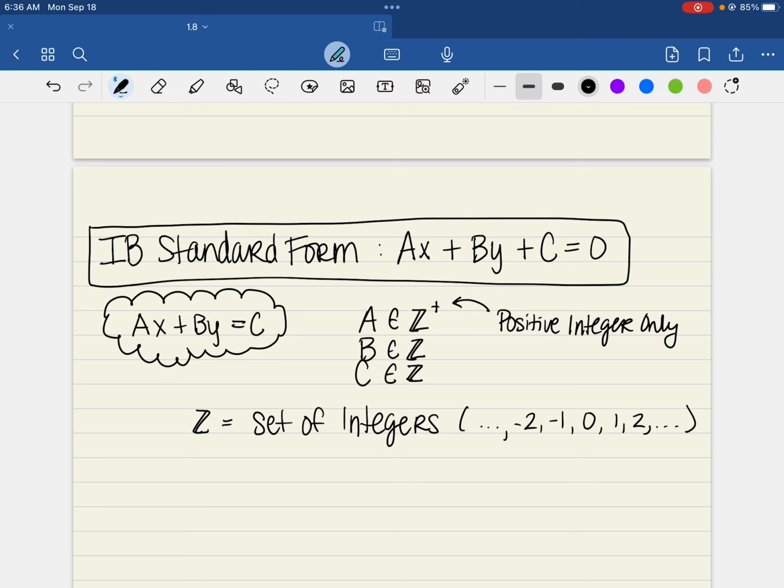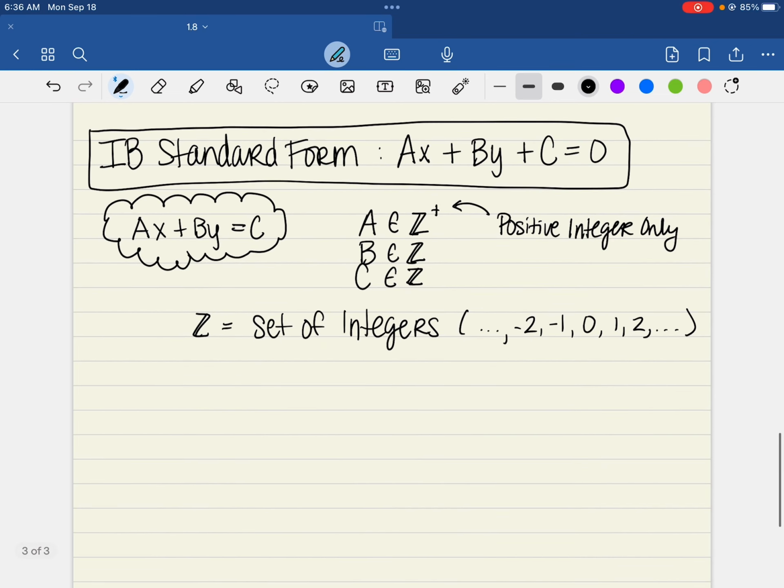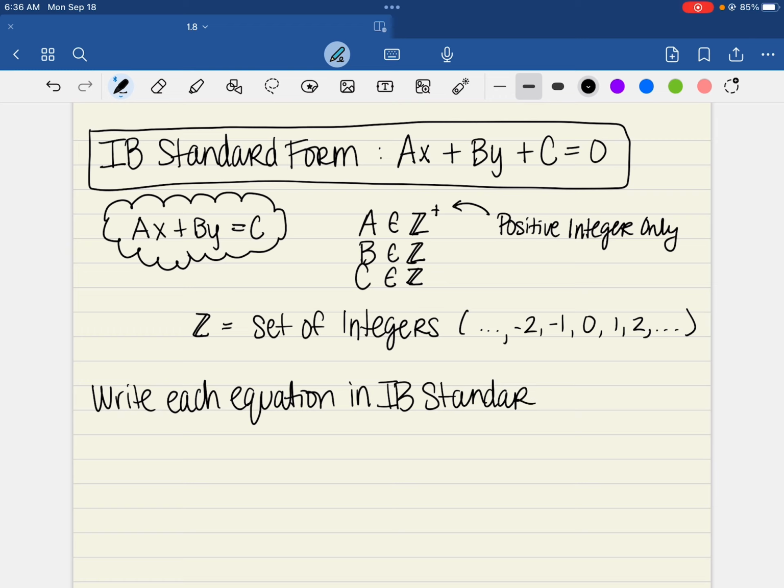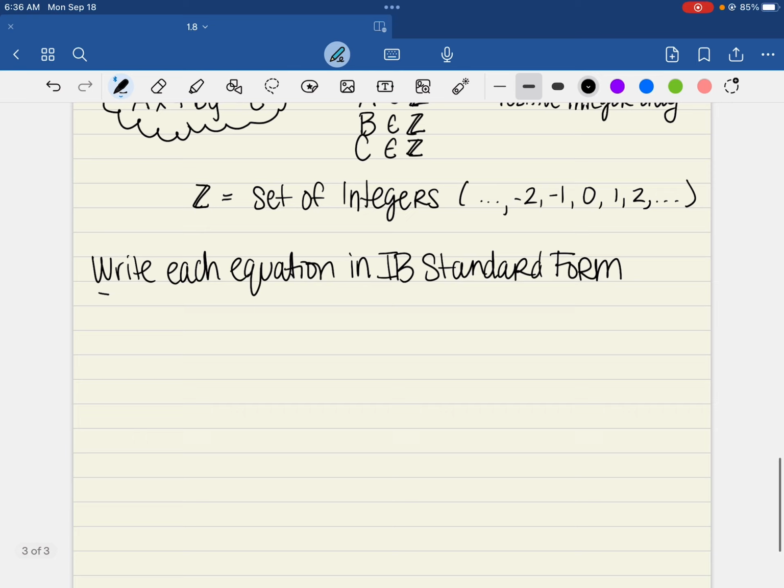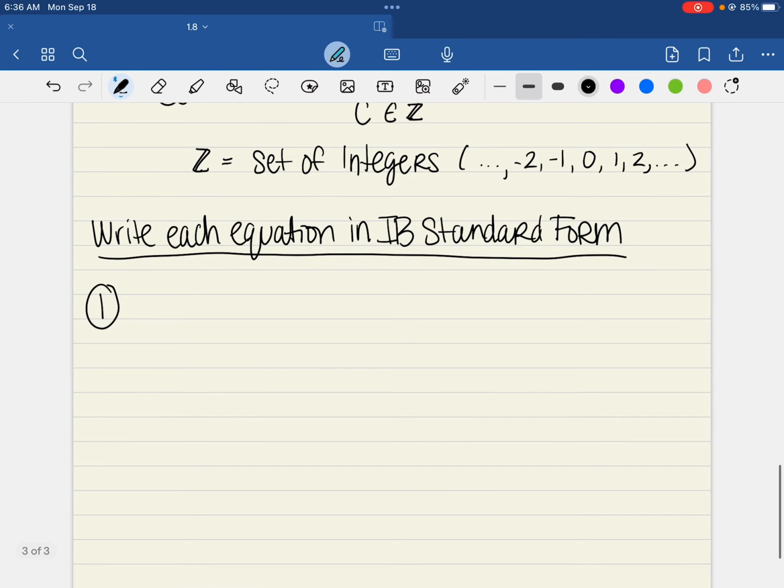Okay, so what we're going to do is take some information and rewrite it in standard form, IB standard form. Y equals 3/4 x minus 5.